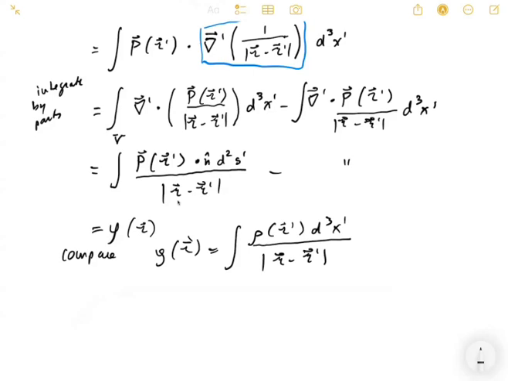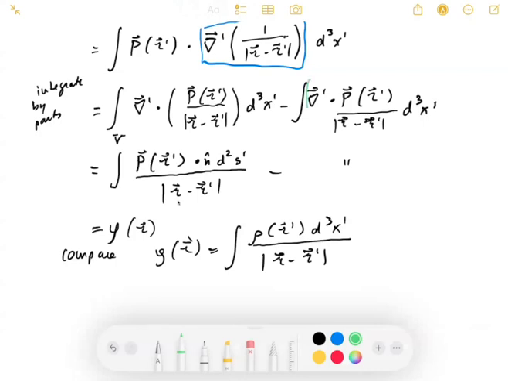Compare this to this, looks like a charge distribution. Looks like rho, right? So that divergence of the polarization, or the divergence of the dipole density, looks like a density.